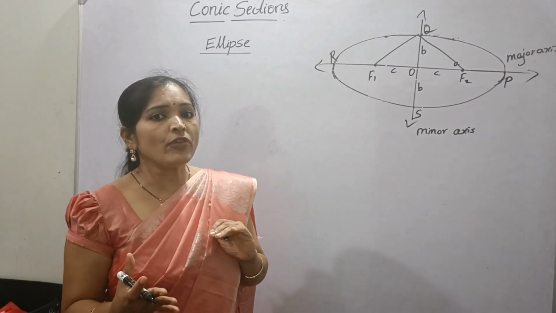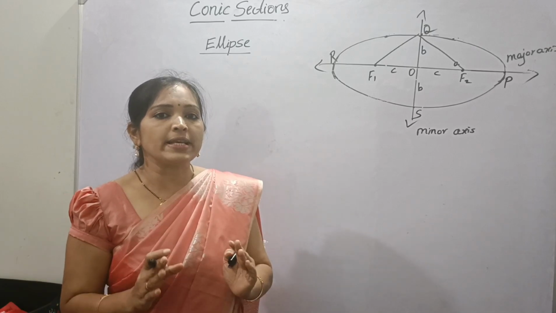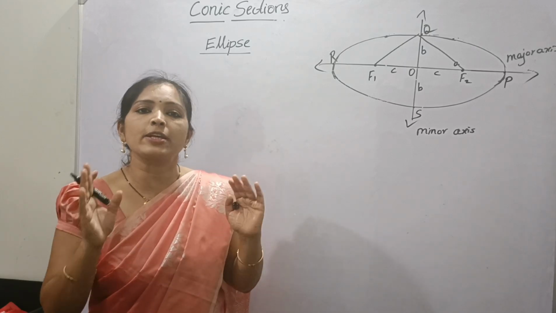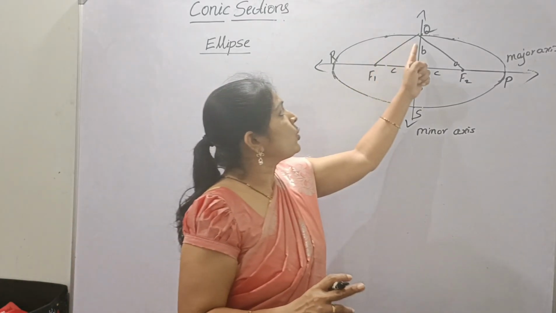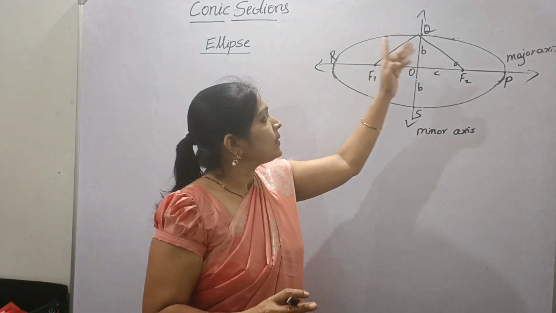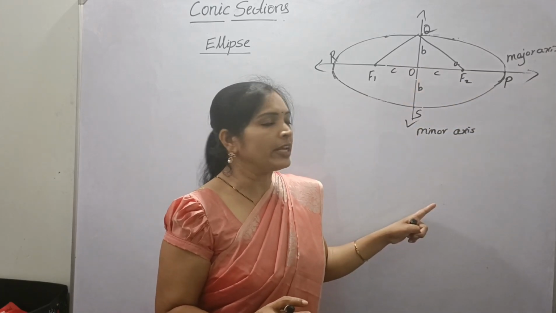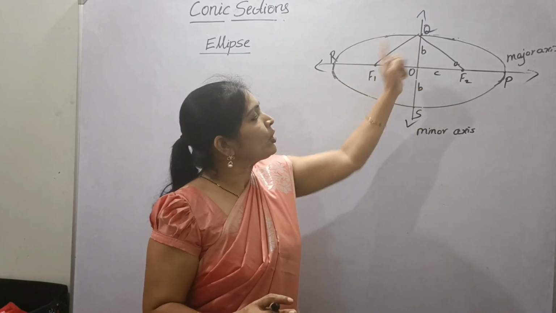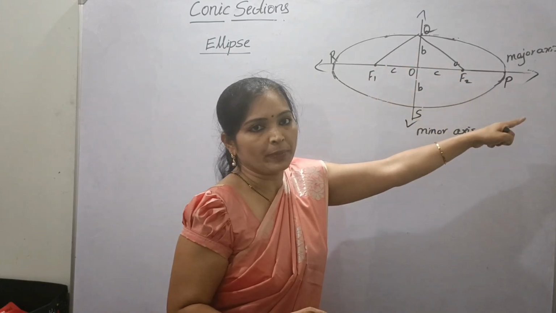So by the definition of ellipse, the sum of the distances from the two fixed points is a constant. Q is a point on the ellipse, P is also a point on the ellipse. Therefore, by the definition of an ellipse, F1Q plus F2Q is equal to F1P plus F2P.